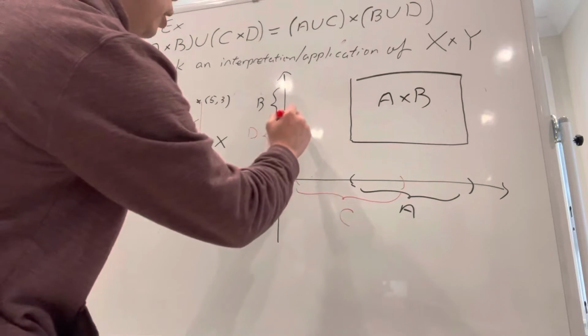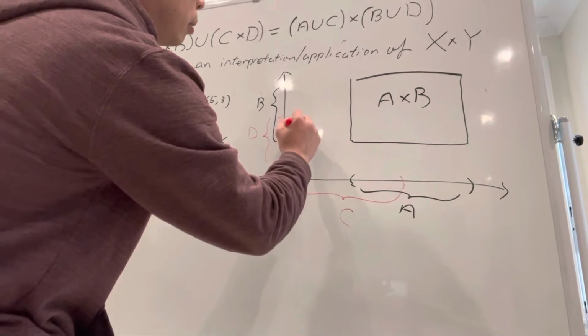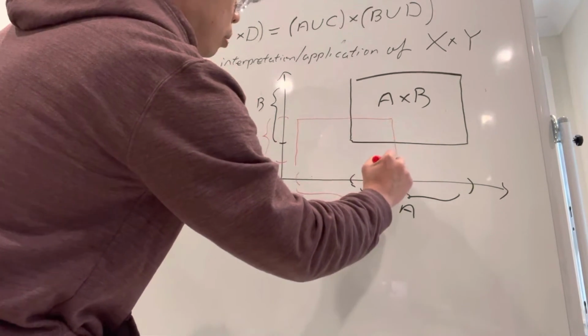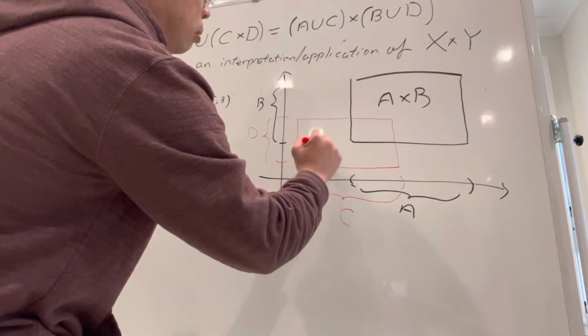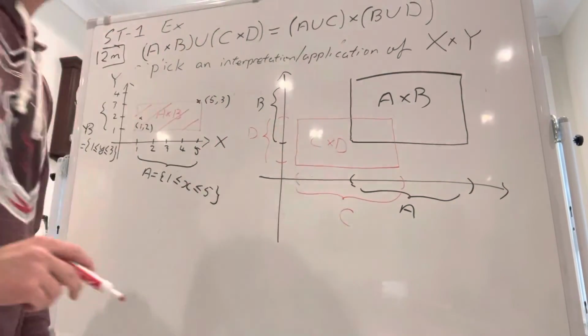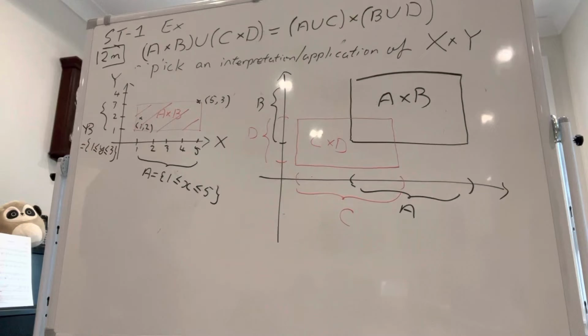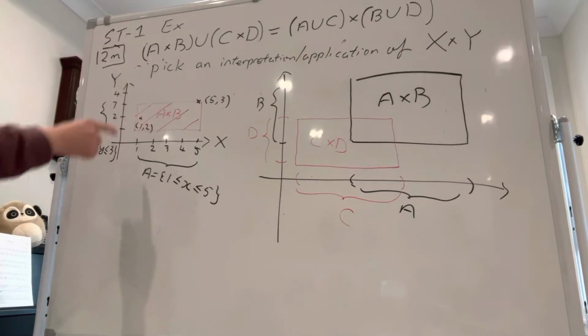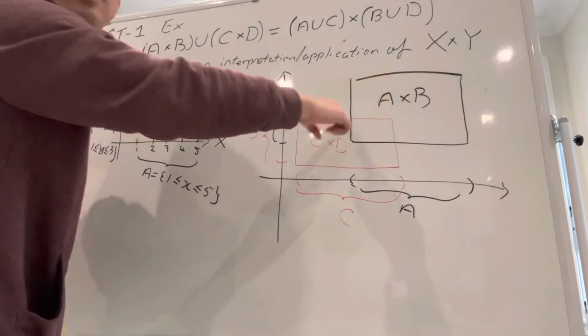And then C cross D is now this rectangle. And we say the union then is basically like this kind of shape.